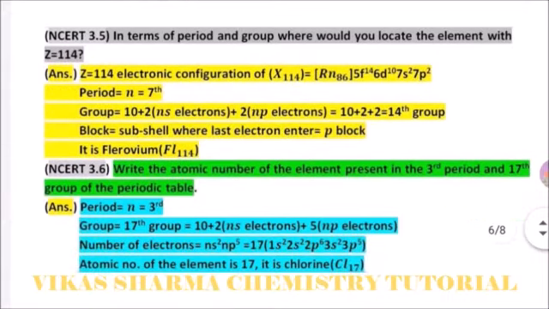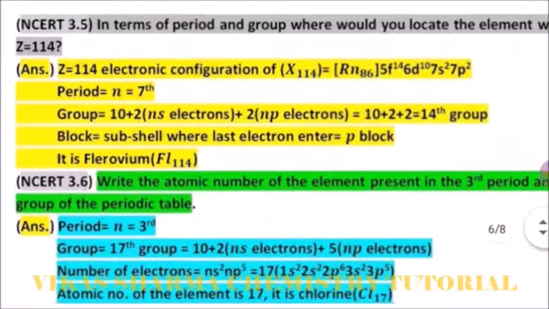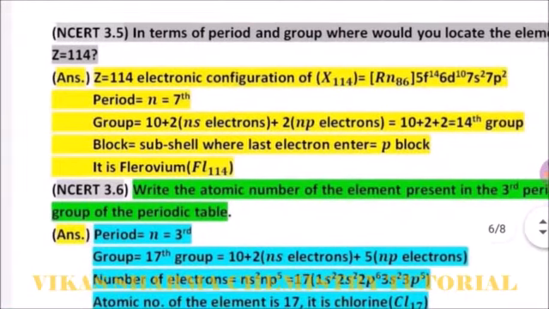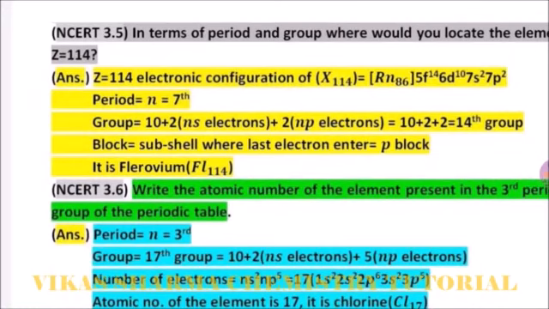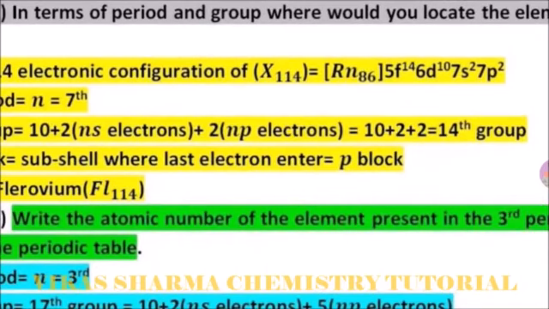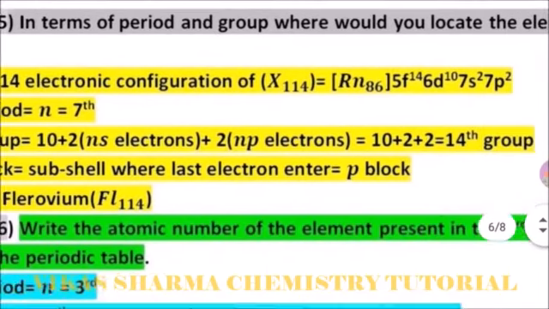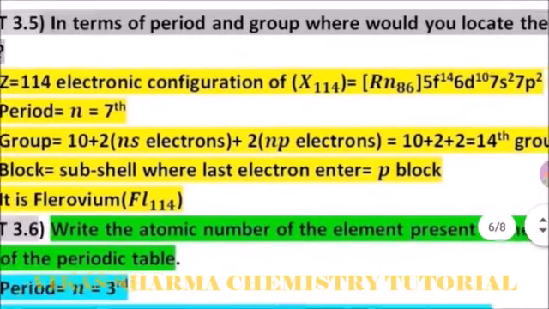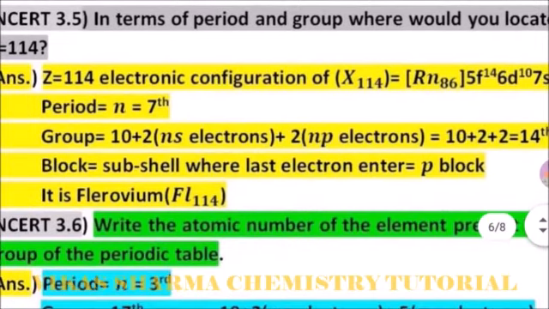The next question is 3.5: in terms of period and group, where would you locate the element with Z equal to 114, meaning its atomic number is 114. The electronic configuration of Z114 is radon 86, an inert gas, then 5f14, 6d10, 7s2 and 7p2. The last principal quantum number is 7, with 7s2 and 7p2, so the period is 7.